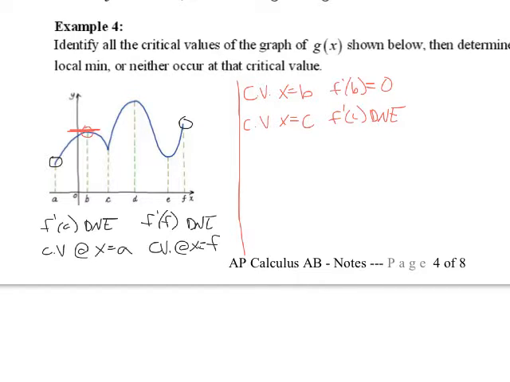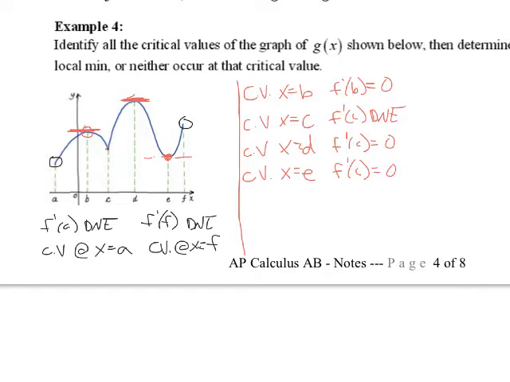We're going to have a critical value at x equals d, because there's another 0 slope. And then we'll also have a critical value at x equals e, because we can see 0 slope there.